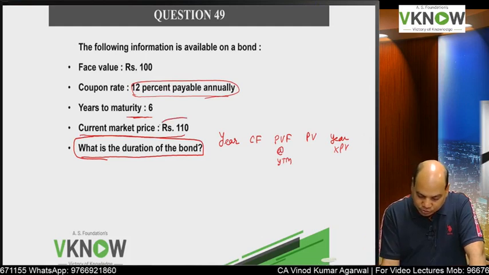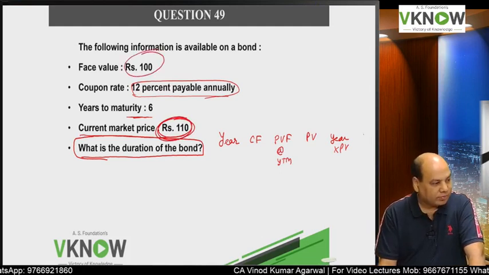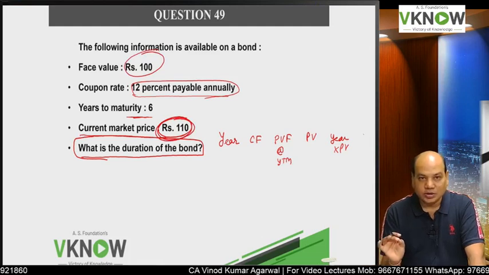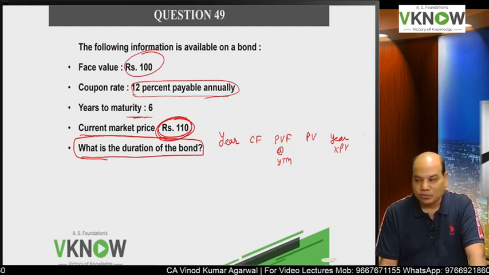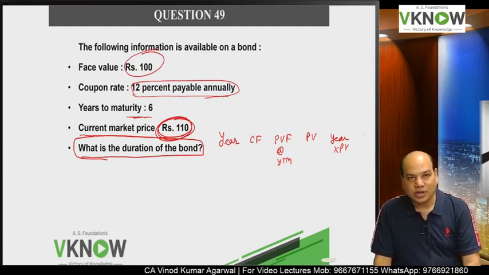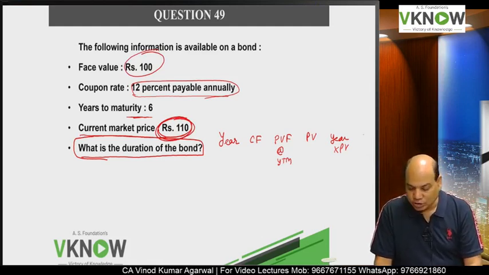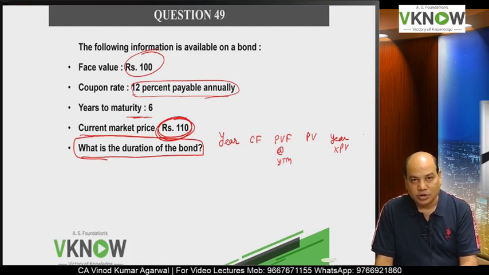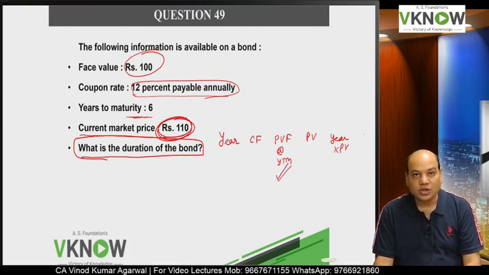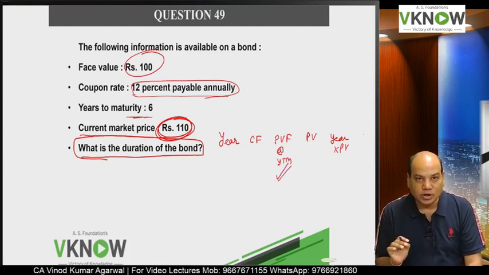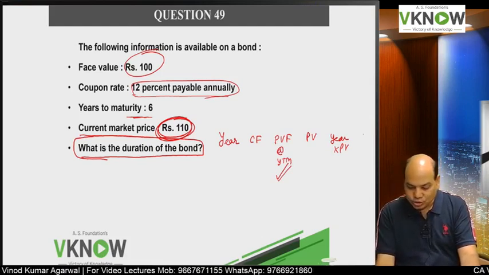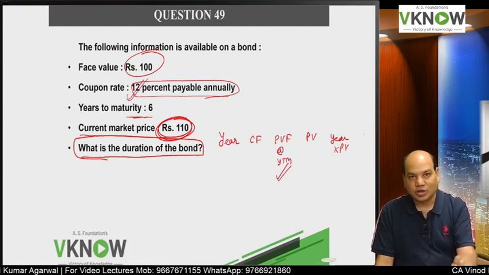The answer is no, because the bond is trading at a premium, not at par. If the bond would have been trading at par, then I would say the discount rate is also 12%. But in this question, the bond is trading at a premium, so the discount rate is not equal to 12%. So we'll have to first find out the YTM, and that I will use as the discount rate in solving the problem. So this is a dangerous question because students can use a 12% discount rate, which is not right.